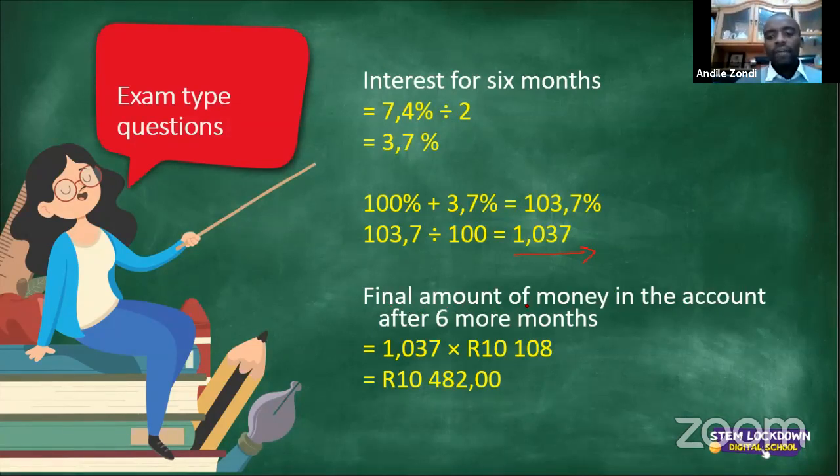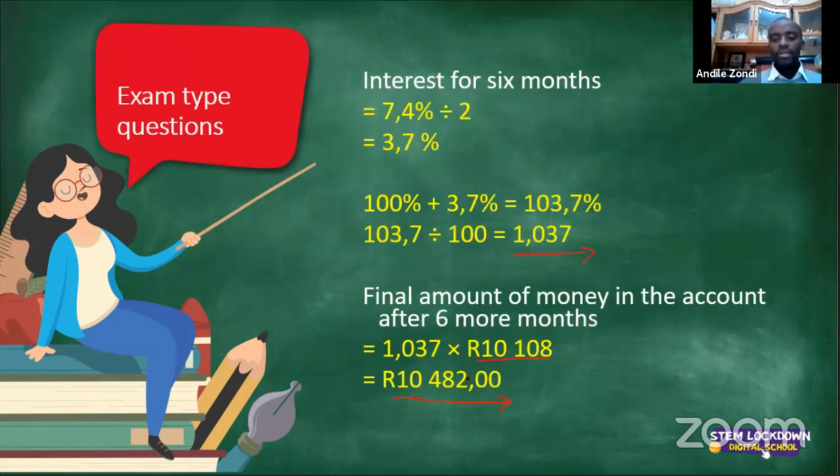So the final amount after 6 months will be the amount of money that he had at the beginning, which is 10,108, right? Times 103.7%, which is 1.037. So after 6 months, he would have obtained a total of 10,483.